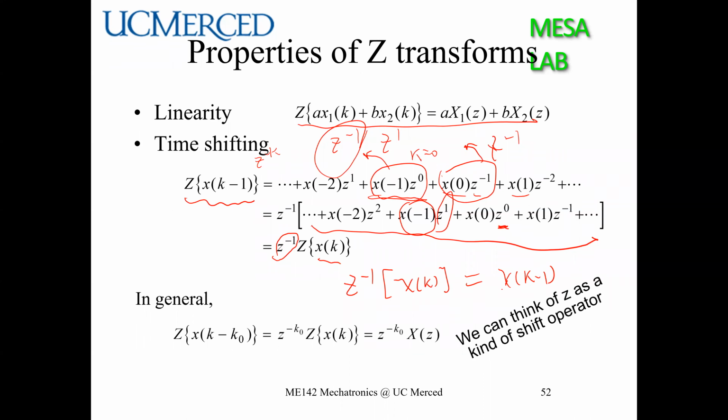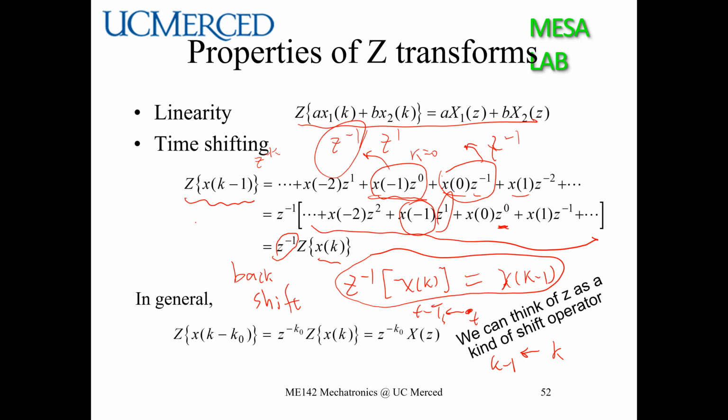This is called back shifting. The current time is T, the back shift is T minus Ts. Or currently you are at k, then your back shift is k minus 1.